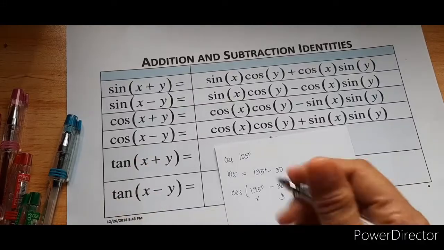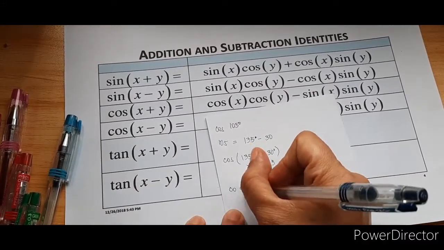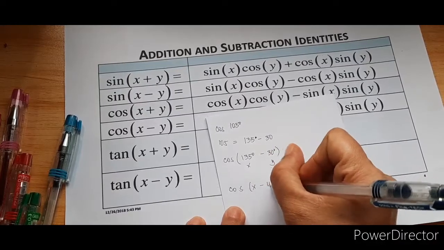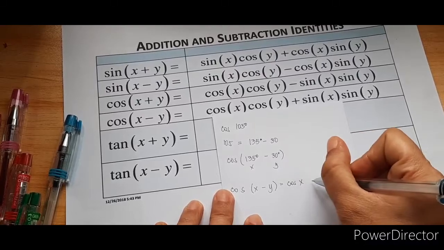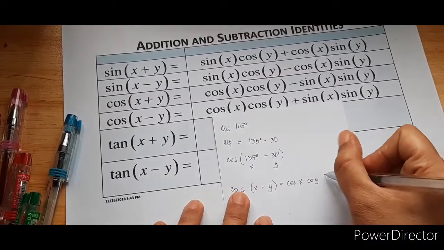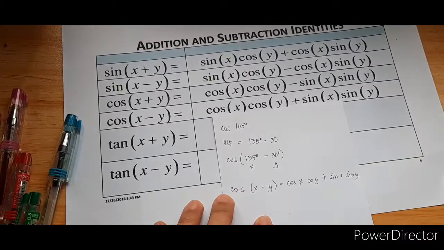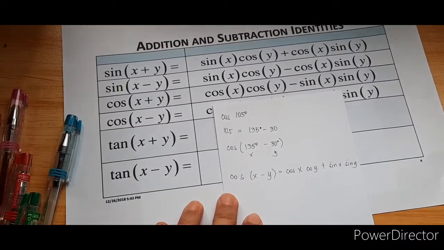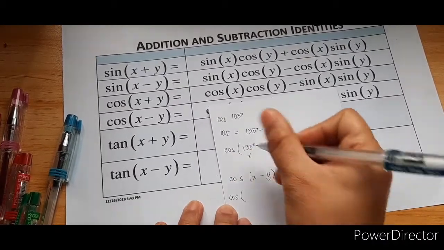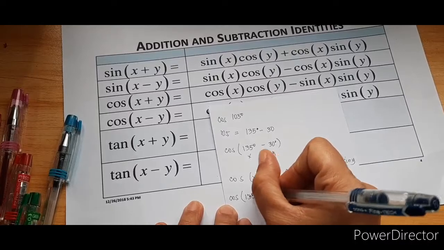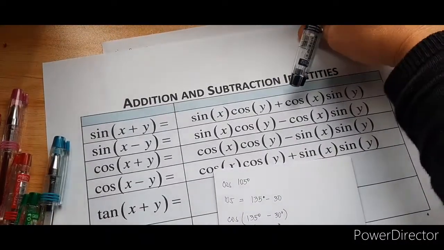The formula for cosine x minus y is equal to cosine x times cosine y plus sine x times sine y. Yan ang gagamitin natin. So, we have now cosine 135 degrees minus 30 degrees.